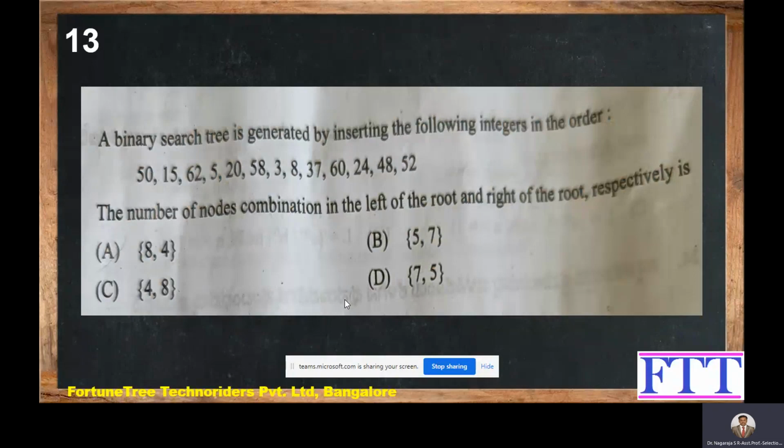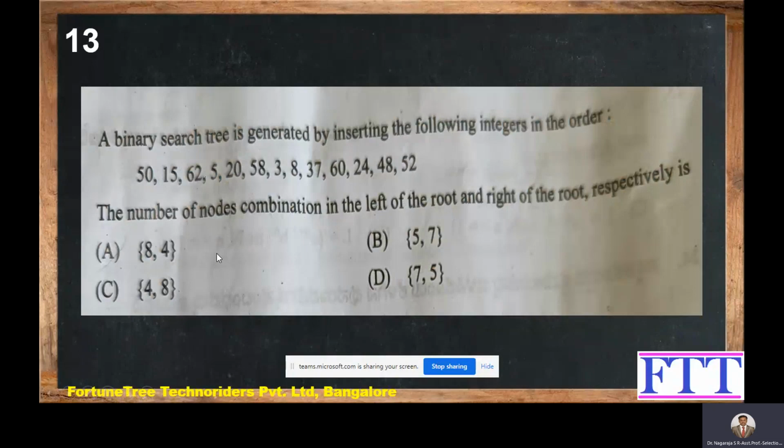That logic you need to use. The number of nodes in the left of the root and right of the root is respectively? So less than 50, how many elements are there, and greater than 50, how many elements are there? You just need to identify those elements, which need to be in the right of the root.